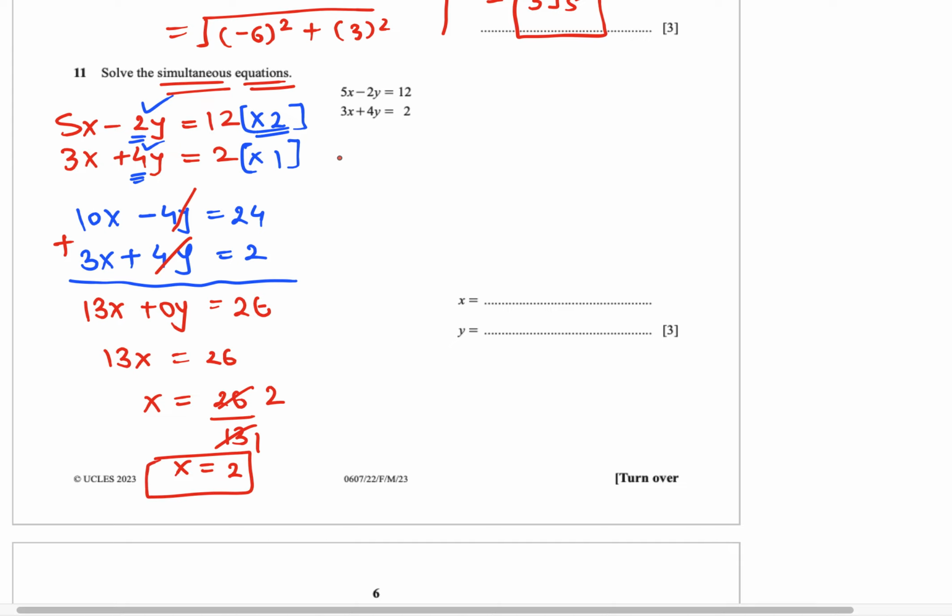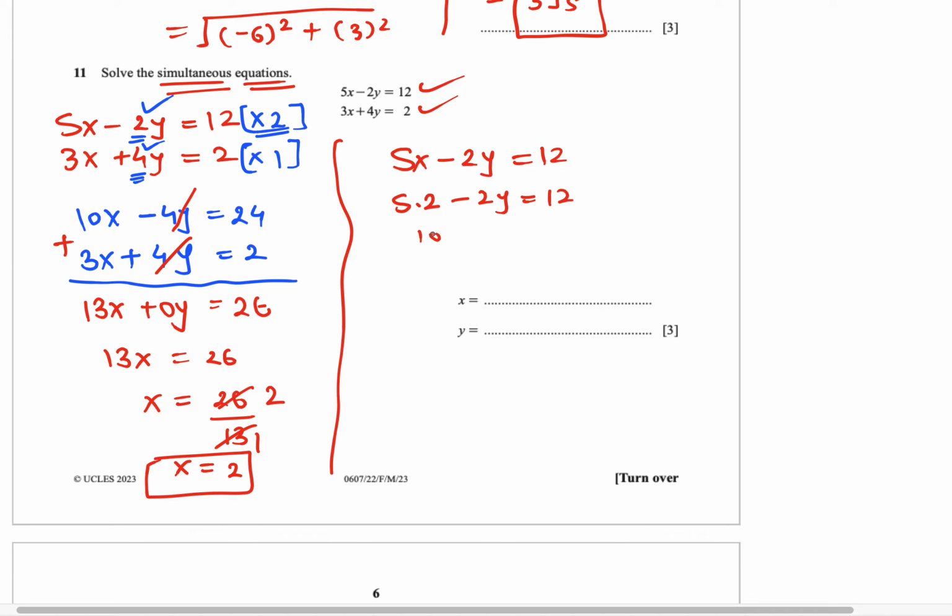As soon as I have got the x value, I can put that x value in any of these equations to get the corresponding y value. So let us do that. We write the equation 5x minus 2y is equal to 12, x is 2, so 5 into 2 minus 2y is equal to 12, and 10 minus 2y is equal to 12, minus 2y is equal to 12 minus 10.